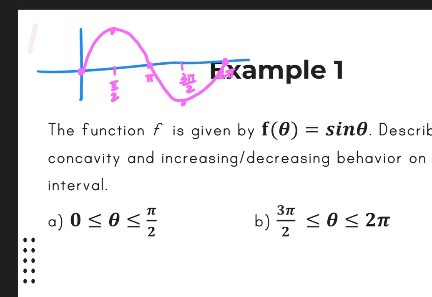So if I'm looking at just from 0 to pi over 2, what's true about the concavity? Good. Concave down because it's taking on that N shape. What's true about the increasing, decreasing behavior? What's happening to those y values? Getting bigger, getting smaller? Increasing. Good. Getting bigger.